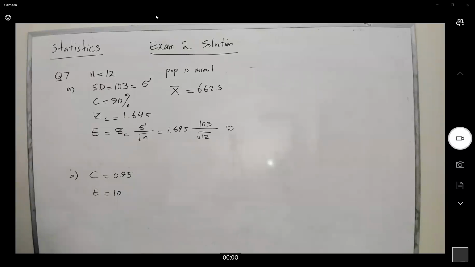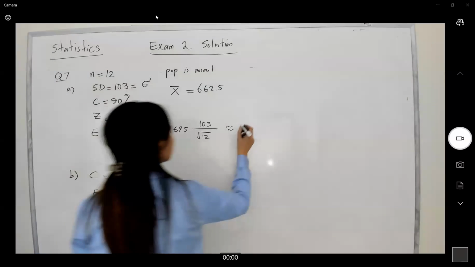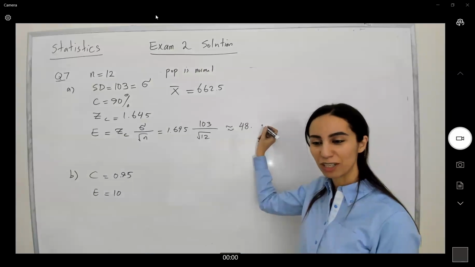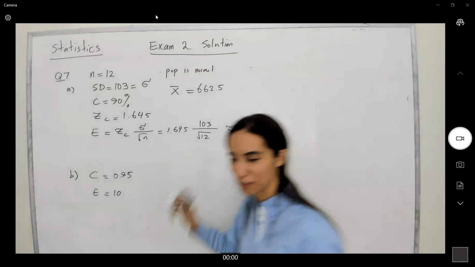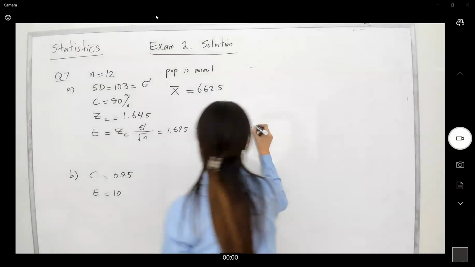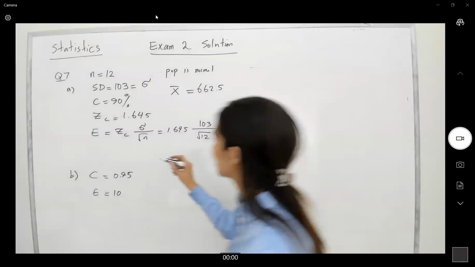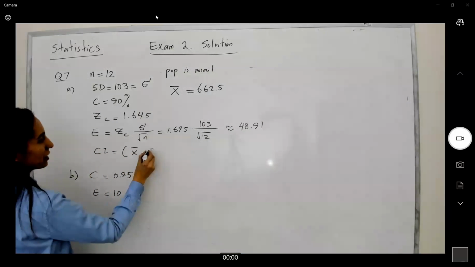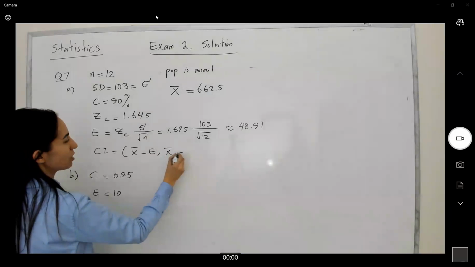I'm waiting on you. $48.91. Very good. I have different numbers in the chat. 48.91, okay.